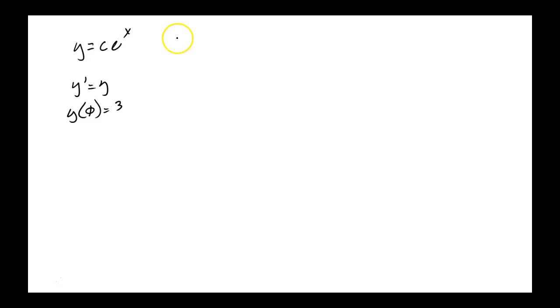So this tells us that 3, that's your y value, is equal to c, that's your arbitrary constant, e to the x where x is 0. Okay, well, what's e to the 0? 1, exactly. So this tells us that c is equal to 3. So now we can go back and say y is equal to 3 e to the x.